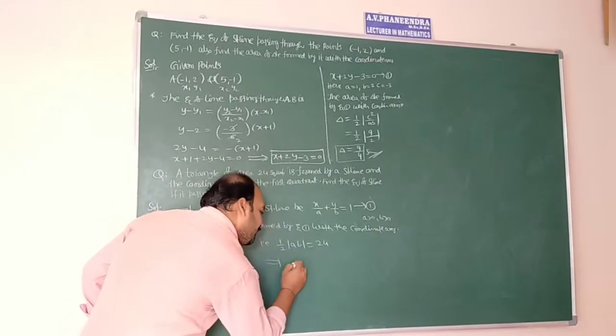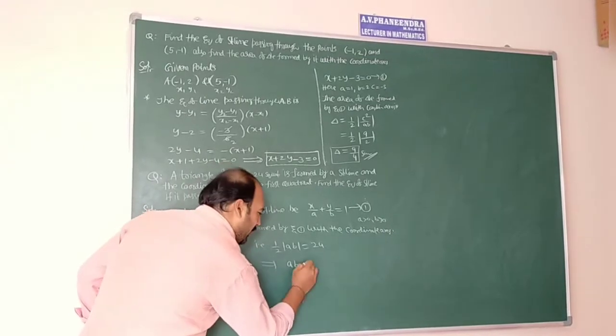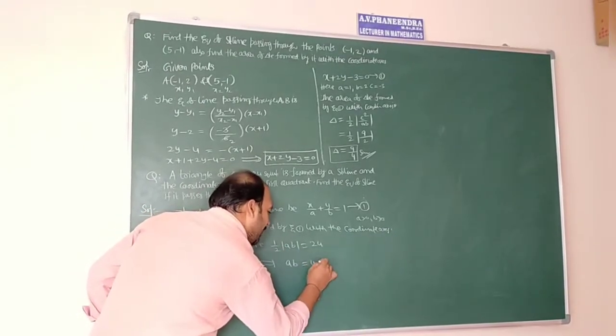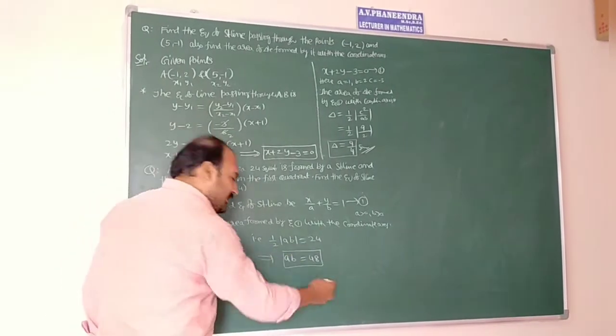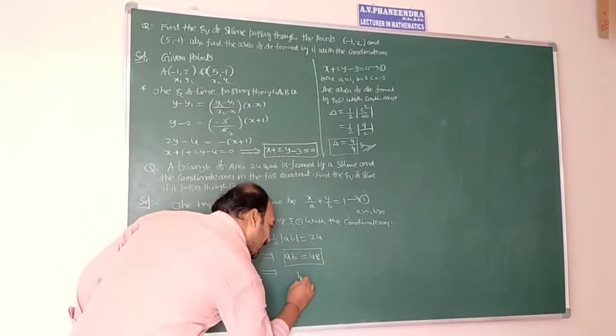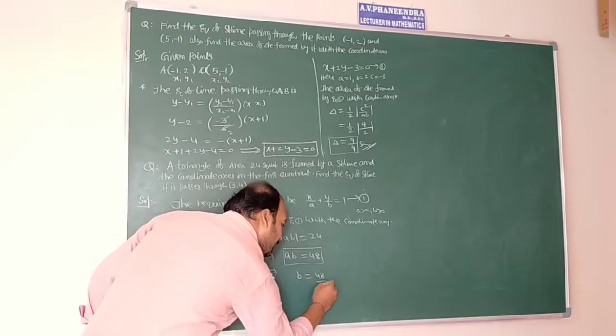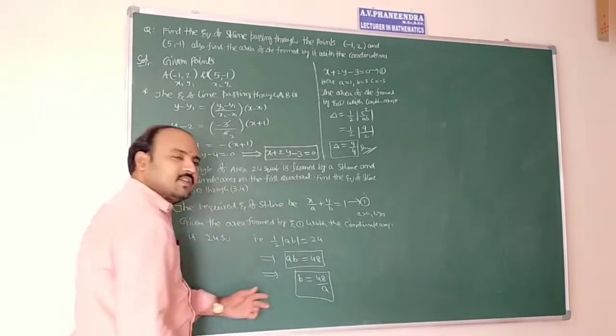Cross multiply, mod ab means ab you can write 2 into 24 is 48. From this, a may be taken as the subject or b may be taken as the subject. So b is equal to 48 divided by a. Any one of them may be taken as the subject.